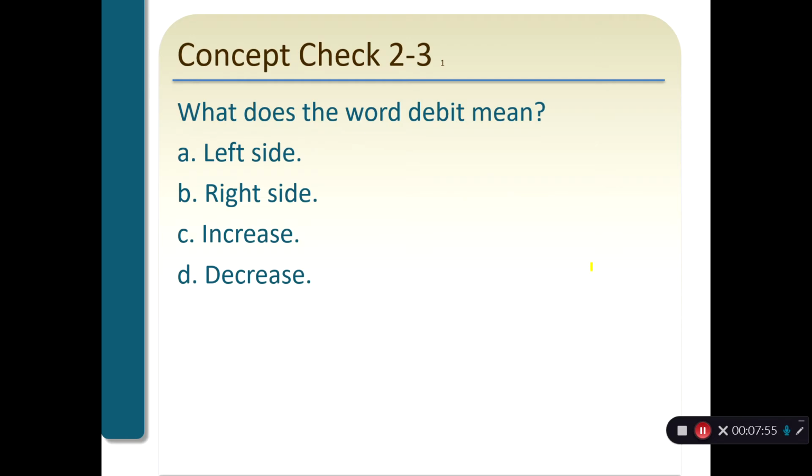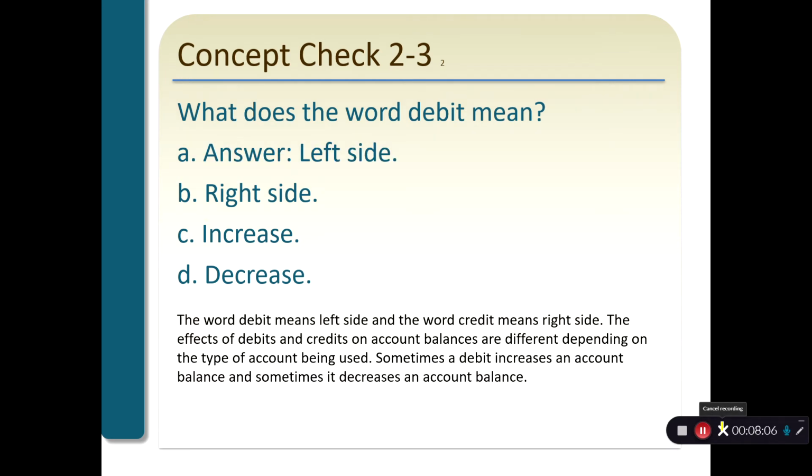Okay, so the concept check. What does the word debit mean? We talked about it at the beginning. It means the left-hand side, right? The word debit means the left side, and the word credit means the right side. And the effect of debits and credits on account balances is different depending on the type of account.